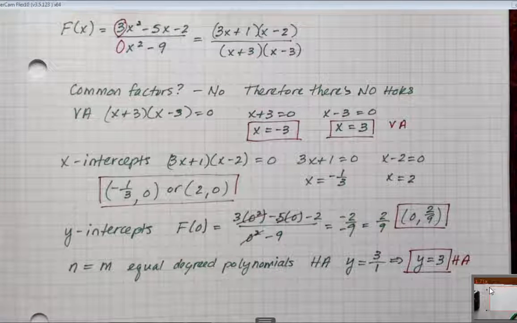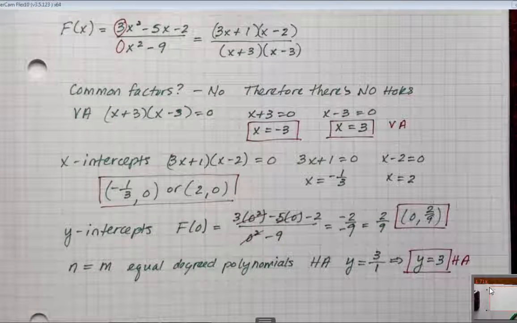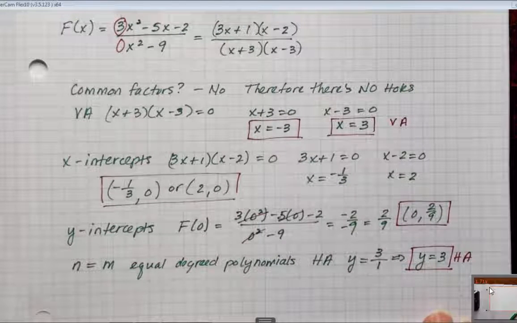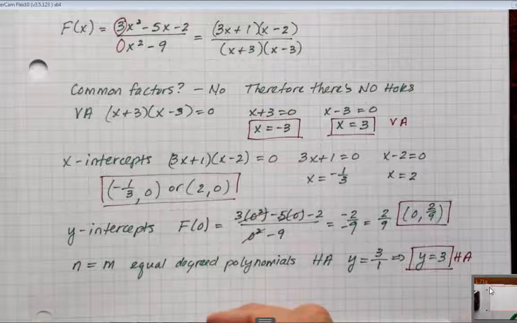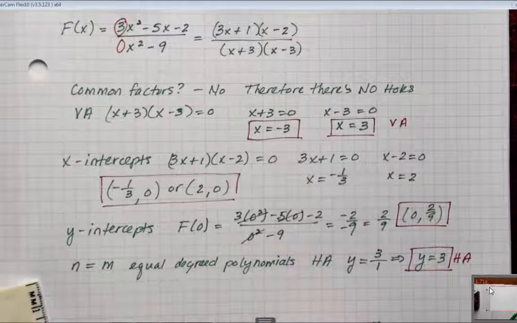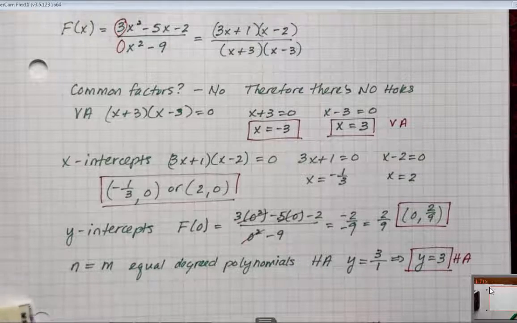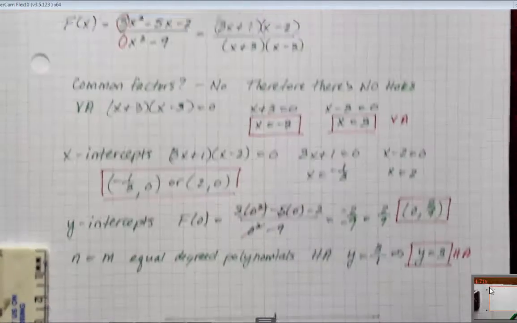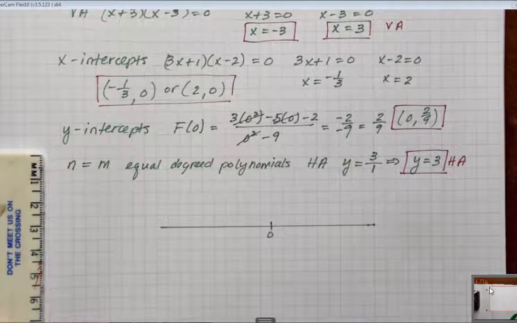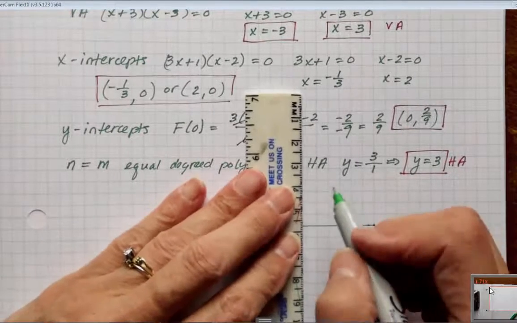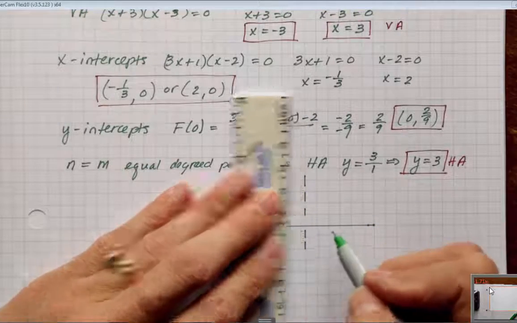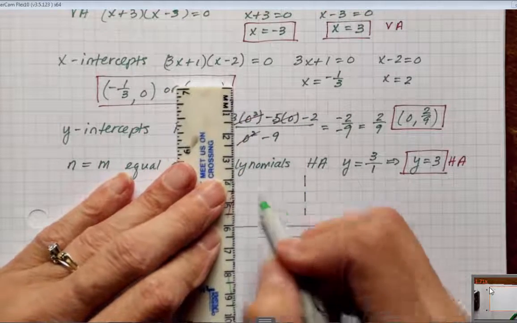Now I'm ready to graph, and I'm going to start by using a sign graph. I'm going to end up with 4 different factors, so I want to leave myself some room to put in all 4 factors. I need to write down where my 0 is, and I'm going to put in my vertical asymptotes at negative 3 and 3.